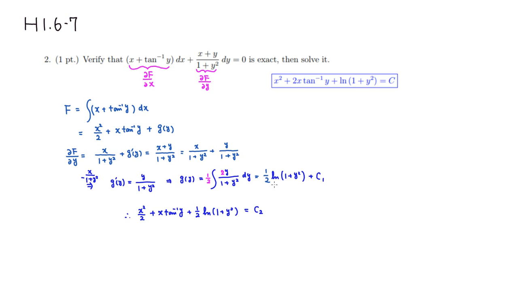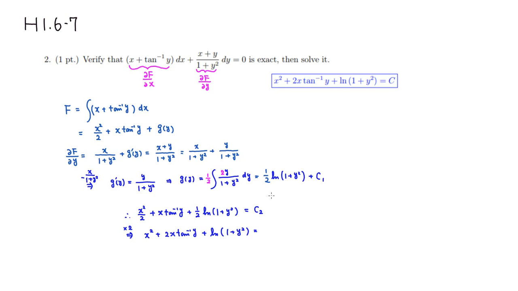But that looks a little bit different from the solution given here. So what you can do is just multiply through by 2. Then you get x squared plus 2x arctangent of y plus natural log of 1 plus y squared is equal to 2C2. 2C2 is just going to be a number.